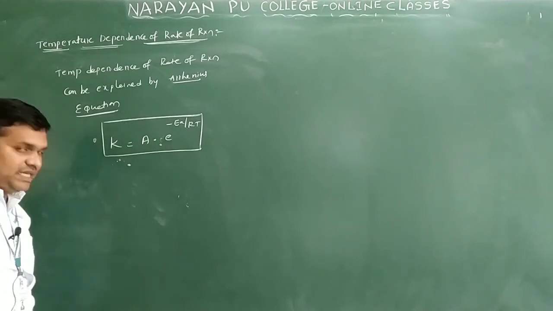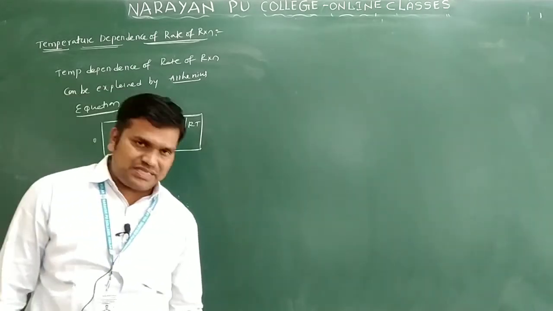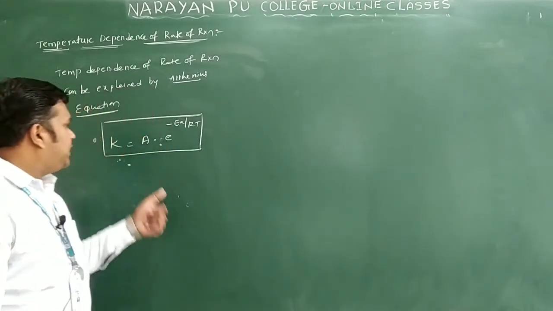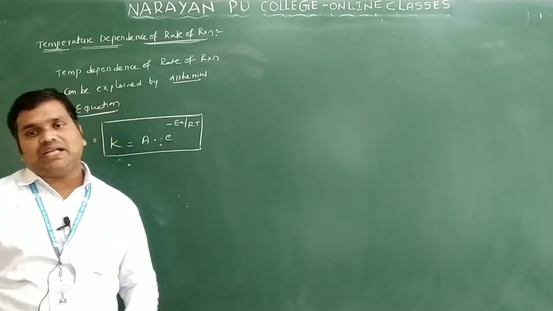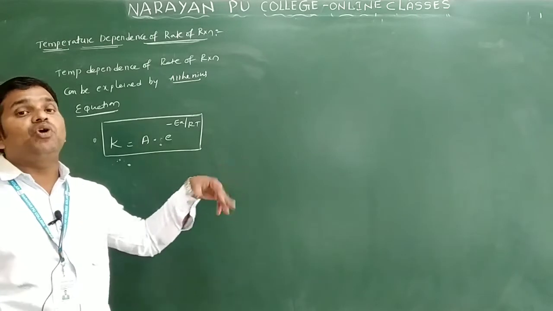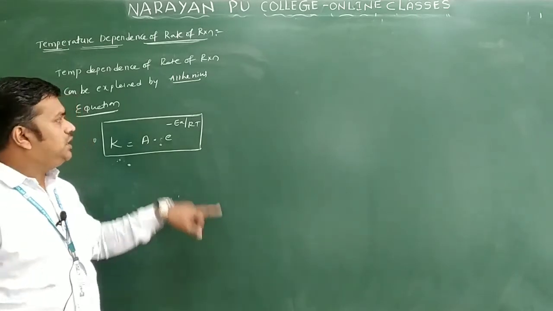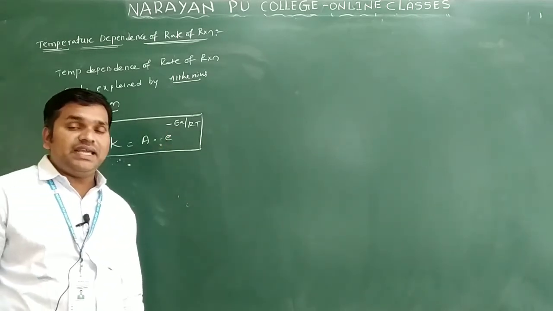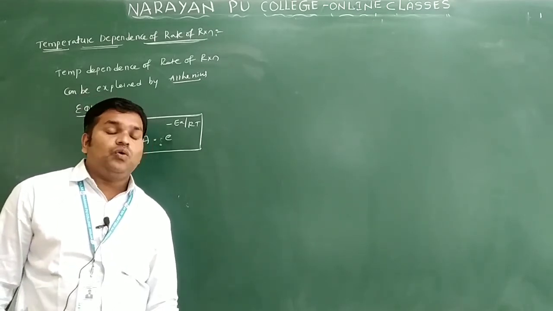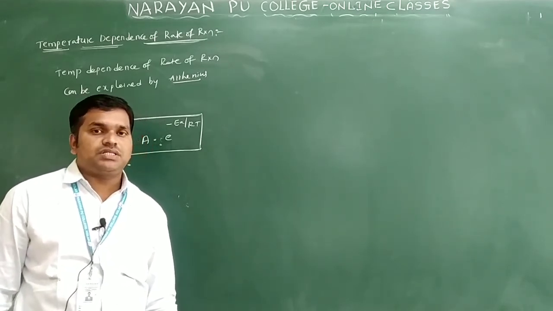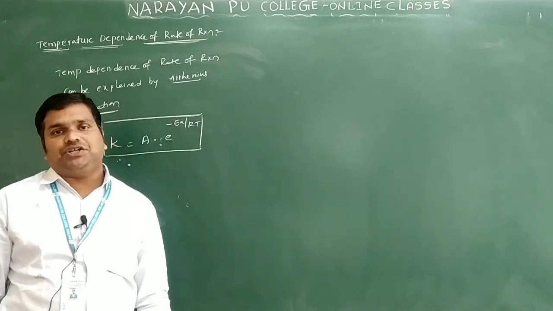So what is K here? K is called the rate constant. A is the Arrhenius factor, or you can say frequency factor. Here e power minus Ea by RT is the exponential term. What is Ea? Activation energy. What is R? Gas constant. What is T? Temperature.